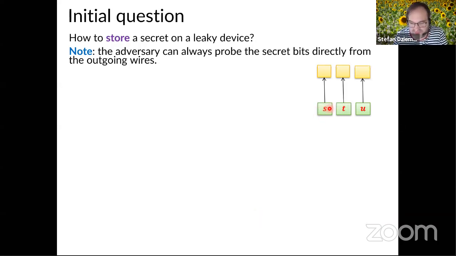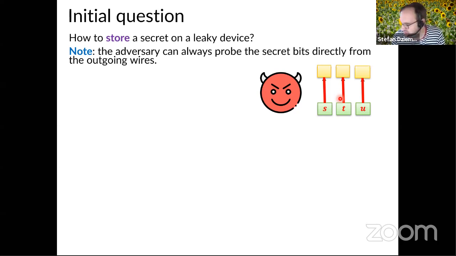So there are like 3 values that you want to hide, S, T, and U. Then the adversary can just probe the wires that go out of the cells, and he will learn the value. So obviously, storing secrets in plaintext on a device that can be attacked with probing is not such a great idea.